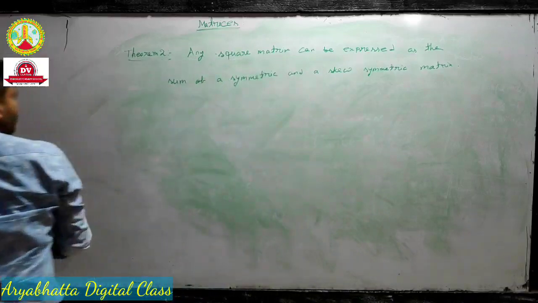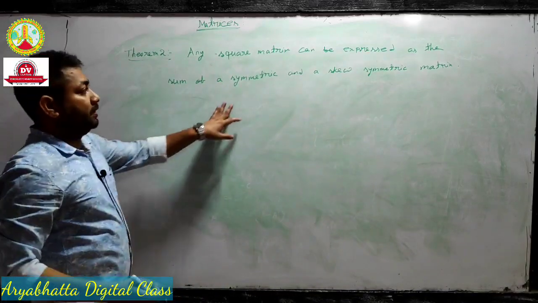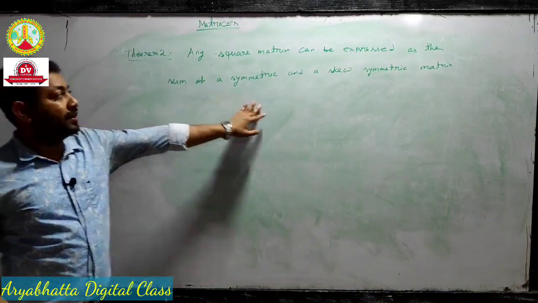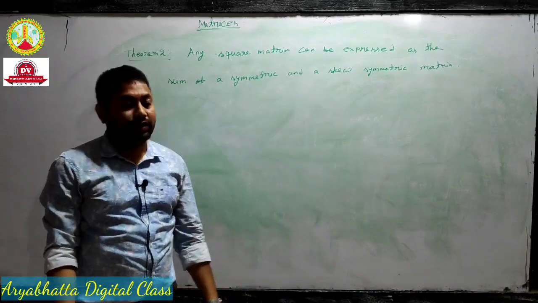Any square matrix can be expressed as the sum of a symmetric and a skew-symmetric matrix.